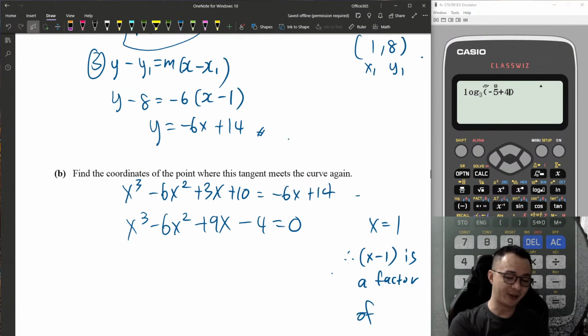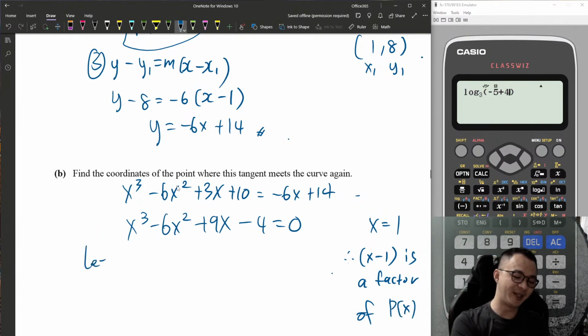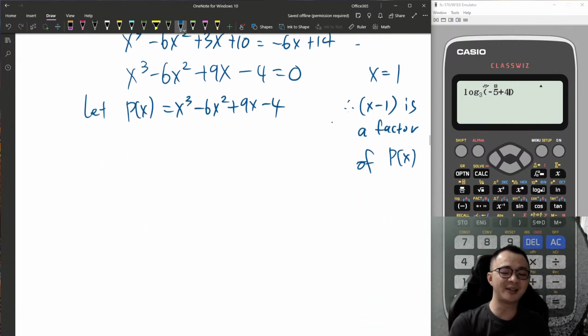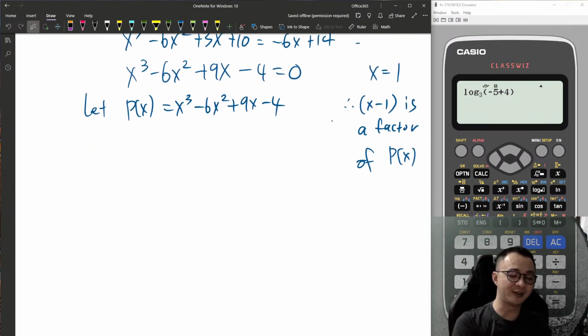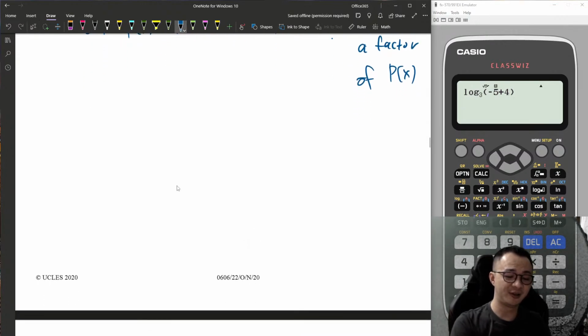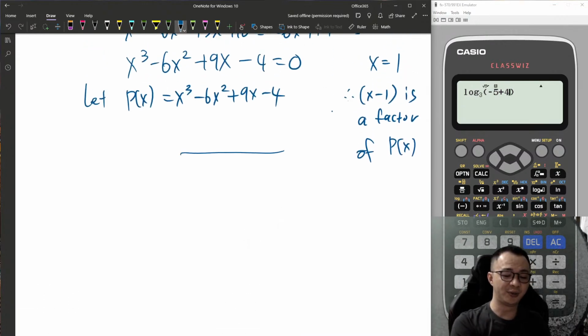I'm going to call it p(x). I will let p(x) equal the whole thing: x cubed minus 6x squared plus 9x minus 4. Since x minus 1 is a factor, I can do a long division here to find the other two roots. X minus 1 into x cubed minus 6x squared plus 9x minus 4.